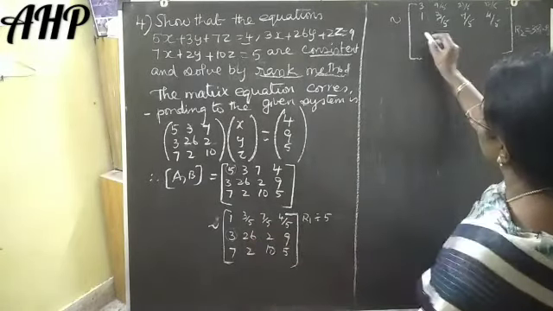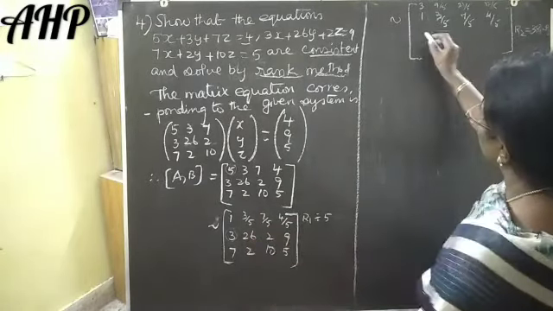Then 9 by 5 minus 26. Taking LCM as 5, this is going to be 9 minus 130, so this is equal to minus 121 divided by 5.